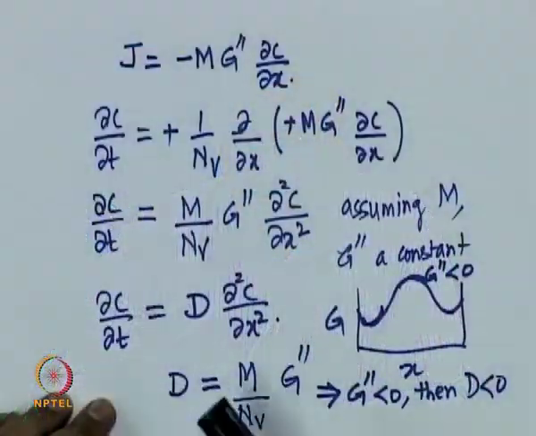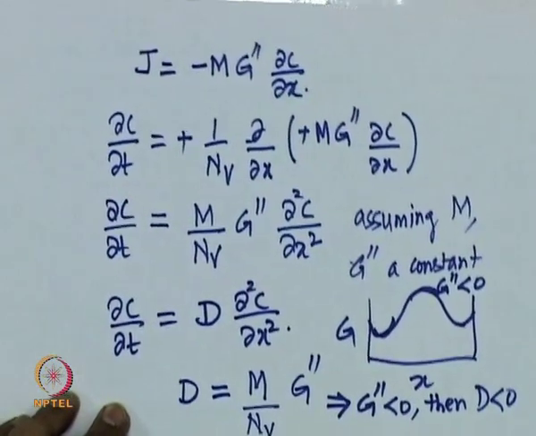This is the relationship that I used in one of the previous modules when I was deriving the relation between the amplitude of a sinusoidal composition, which was put as a solution to the diffusion equation, and we said what happens to such sinusoidal composition fluctuations. There I introduced this relationship between diffusivity and mobility, and this is how it is derived.